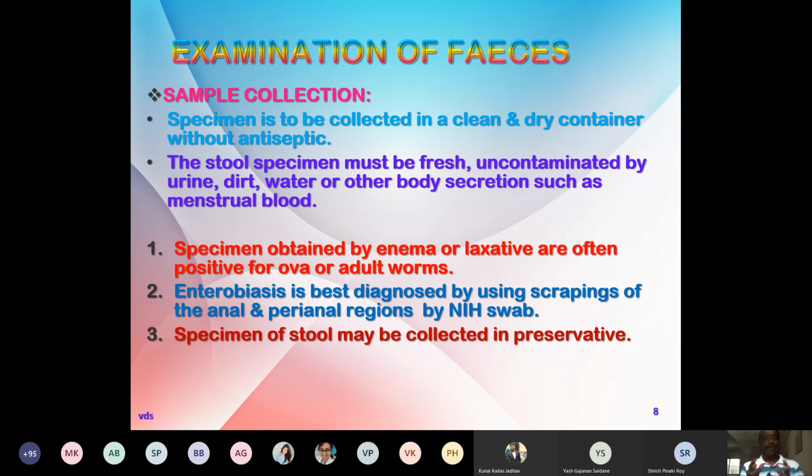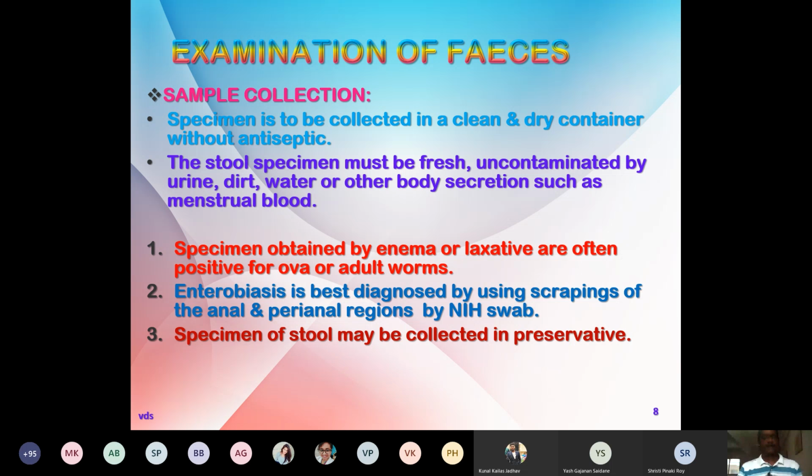But remember, these are some of the important points you are supposed to understand during collection of specimen. Particularly, you have to focus your attention on the clinical history of the patient with respect to enterobiasis, where there is itching at the perianal region, so that you can select a proper technique for collection of specimen.